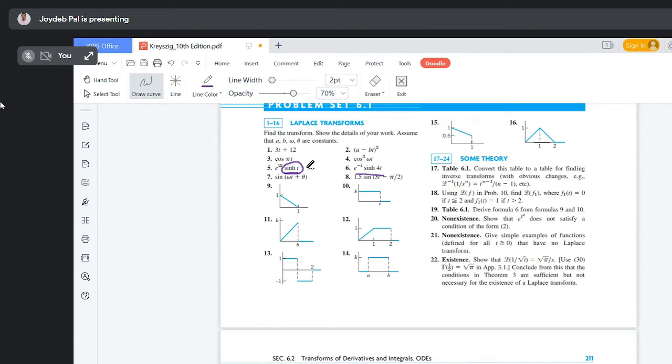What is the formula for sine hyperbolic t? e to the power t minus e to the power minus t divided by 2. Then you multiply it by e to the power 2t. After simplifying, it will be of the form e to the power 3t minus e to the power t divided by 2, right?